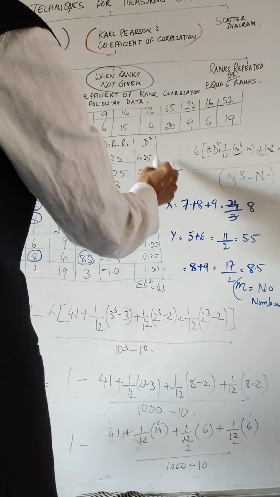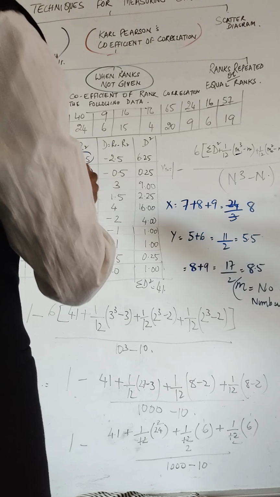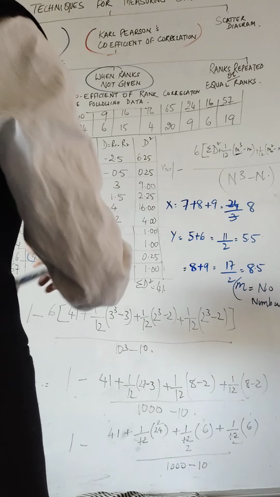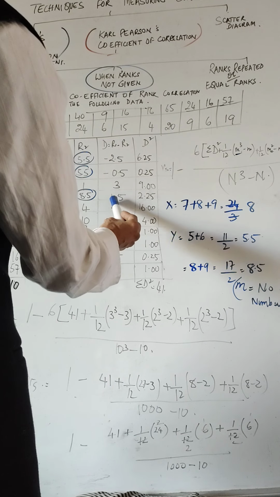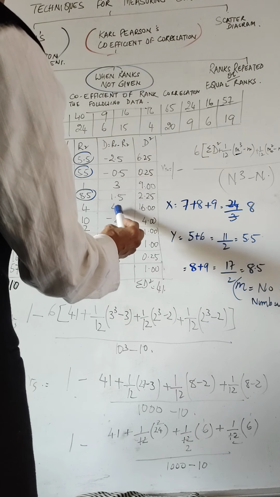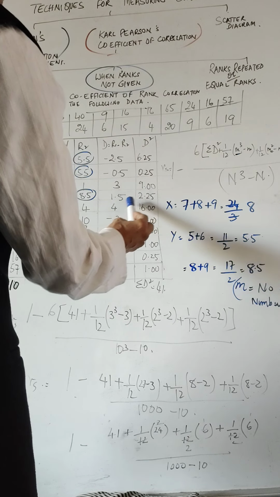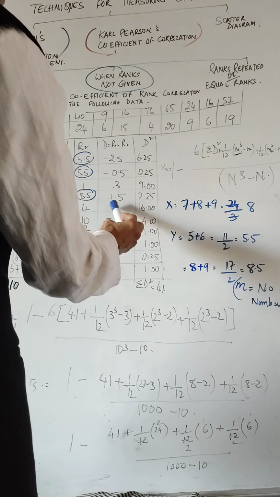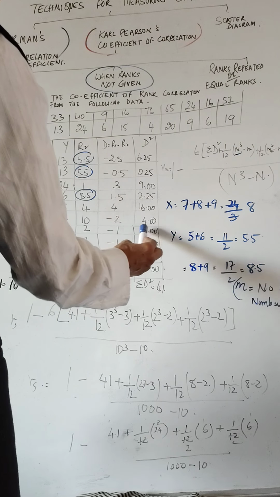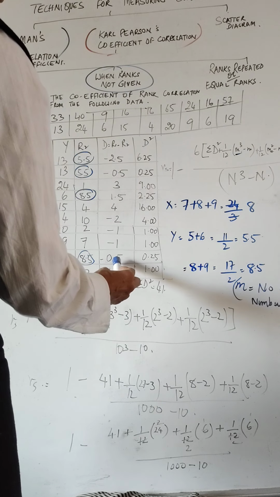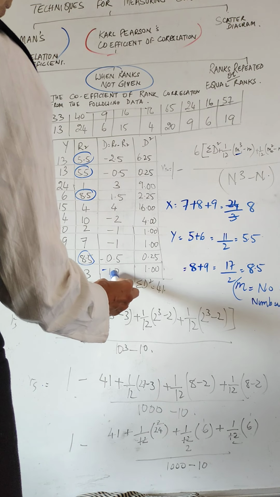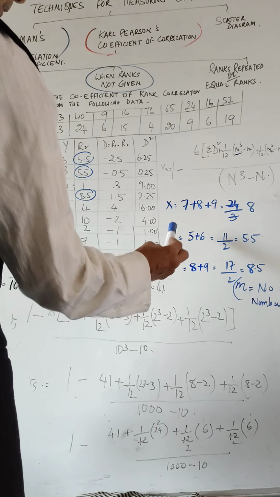So how do you get 6.25? 2.5 times 2.5. Then 0.5 times 0.5 is 0.25, 3 threes are 9, 1.5 squared is 2.25, 4 fours are 16, 2 squared is 4, minus 1 squared is 1, minus 1 is 1, minus 0.5 is 0.25, and minus 1 is 1.